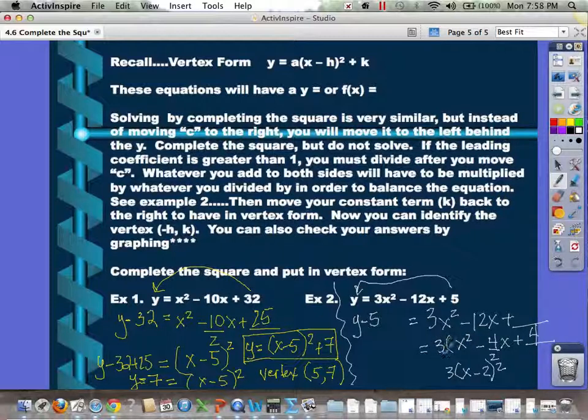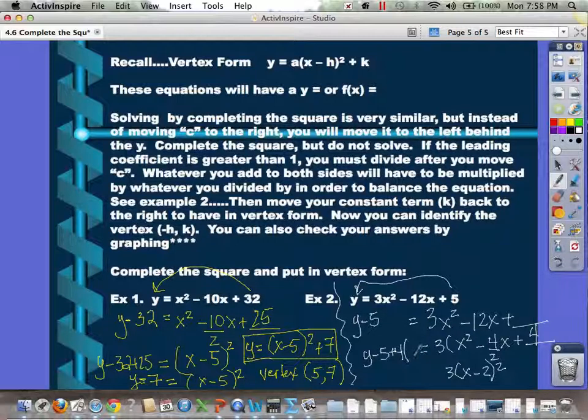This is the GCF. This has to be brought down. This is what changes the slope or the steepness of the parabola. And yes, it's very important, as we've seen before. If you don't have it, it changes the entire problem. Now I have over here y minus 5, and I'm going to add this 4 to both sides.